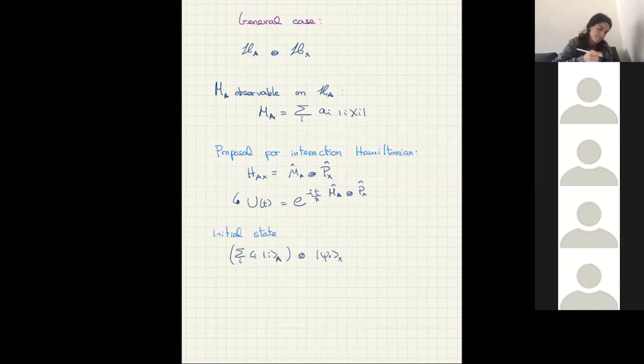Okay. So now, what happens after the evolution? Let's call this whole thing big phi 0 on A and X.